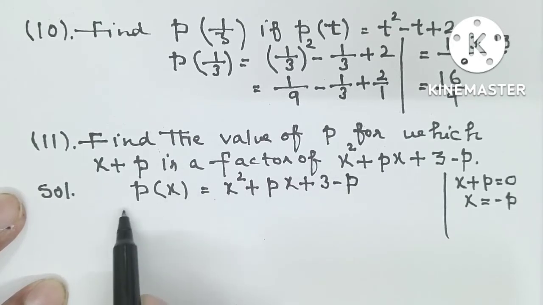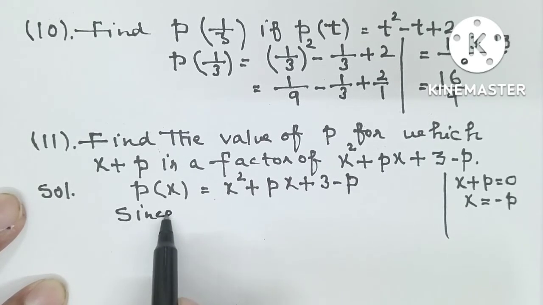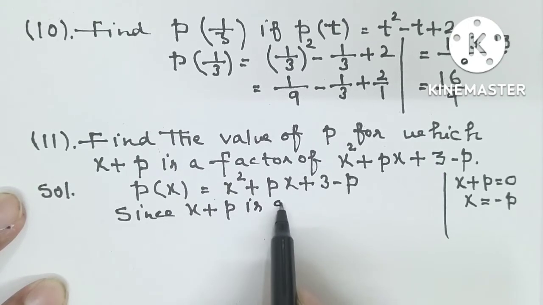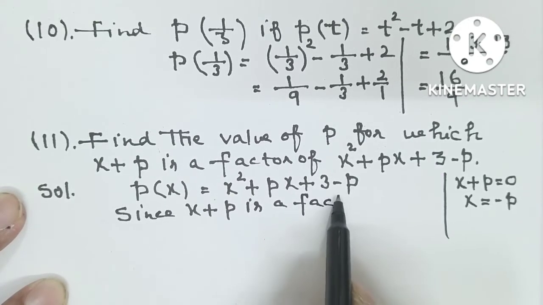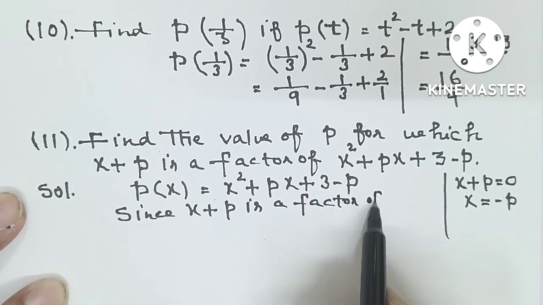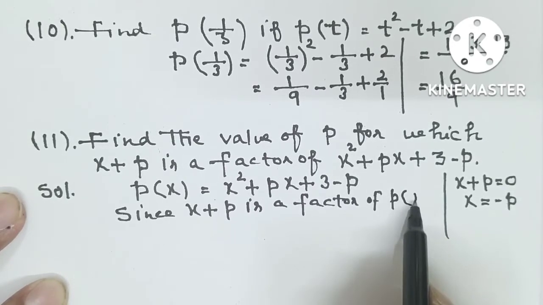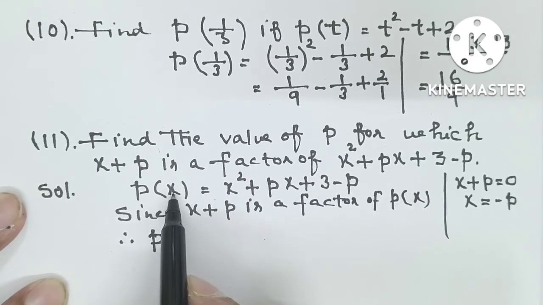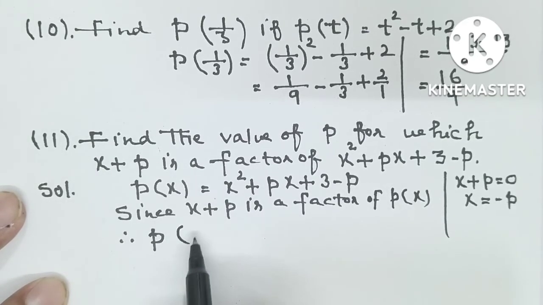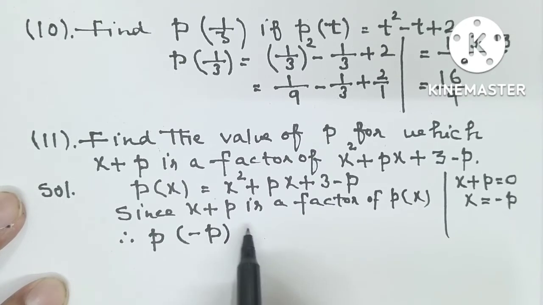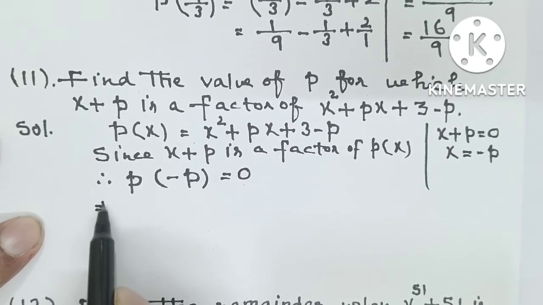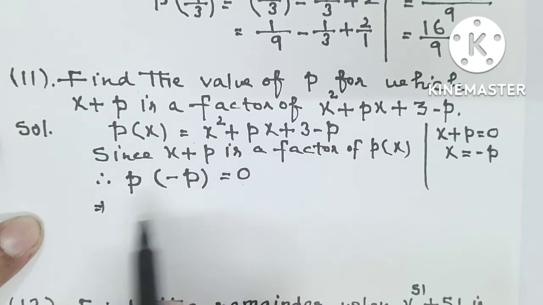Now since x plus p is a factor of p of x, therefore in place of x we will put minus p. P of minus p will be equal to 0. Now this minus p we will put here.